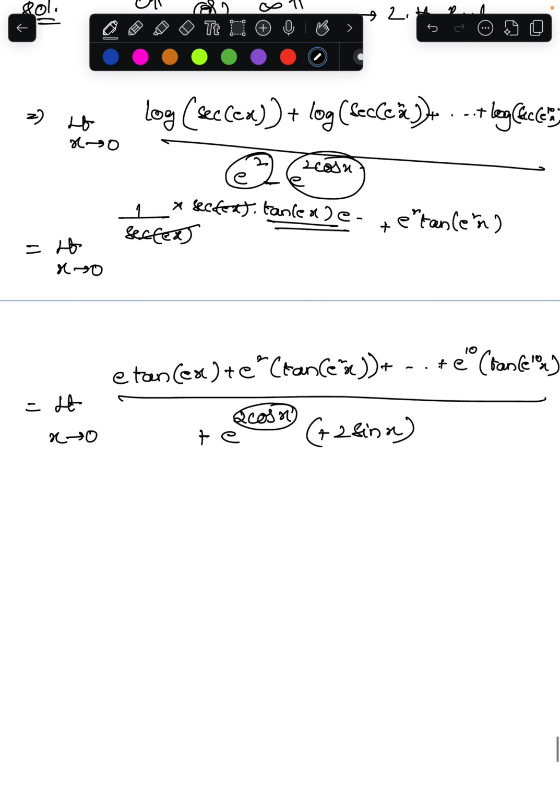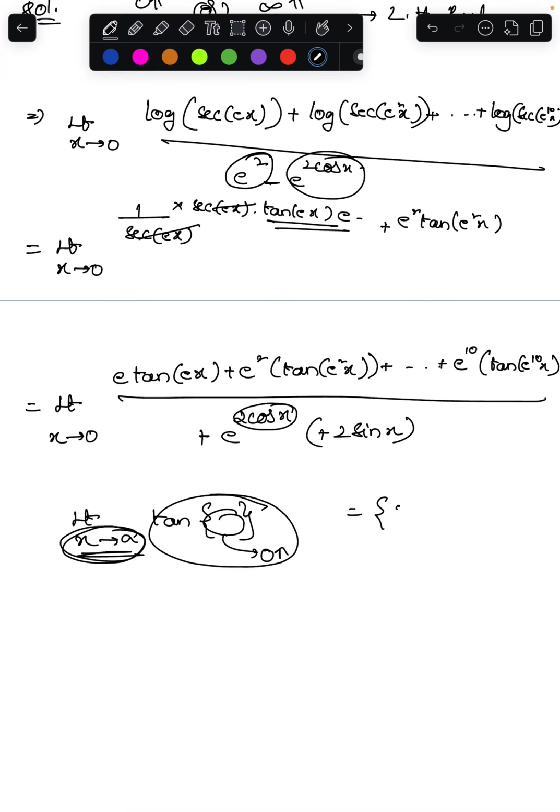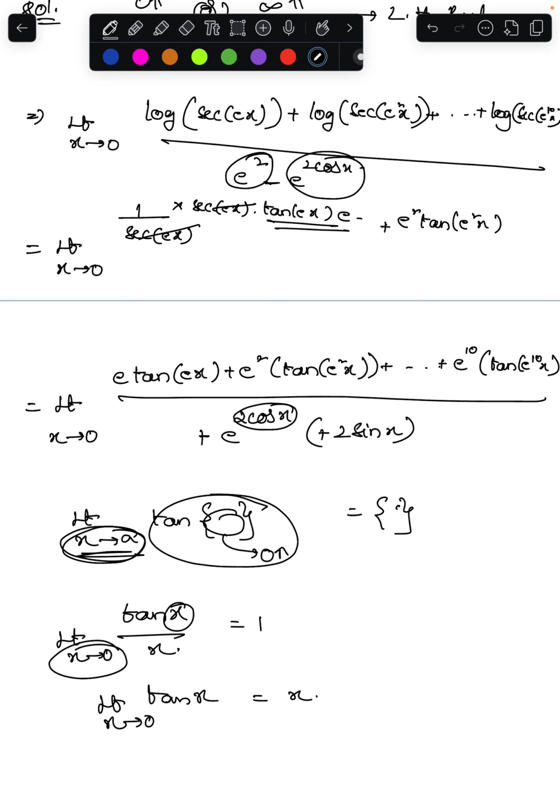Here is one more technique we can use to solve the limit very easily. Whenever a limit has tan of something, anything can be there, if this argument tends to 0, then you can replace it directly with the argument. We have the identity: limit x tending to 0 of tan x by x is equal to 1. As x is approaching 0, I can keep tan x as x.